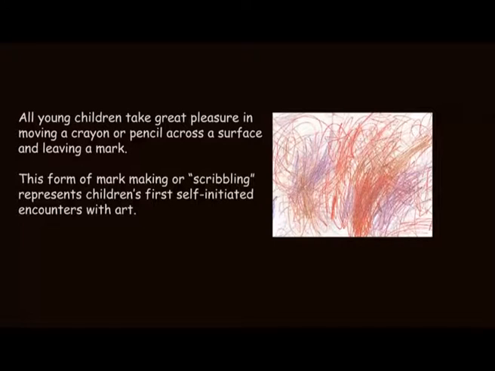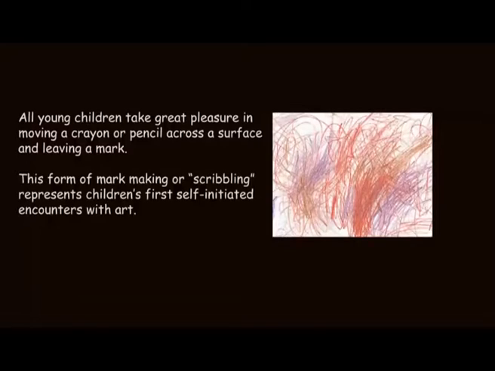Now, we were talking about scribblings and how a child's art usually begins with scribblings. All young children take great pleasure in moving a crayon or a pastel or a pencil across the surface. It could be a paper or a wall or anything, or floor or your bed sheet or carpet. So, for them it is not important that they get a conventional surface like paper or canvas.